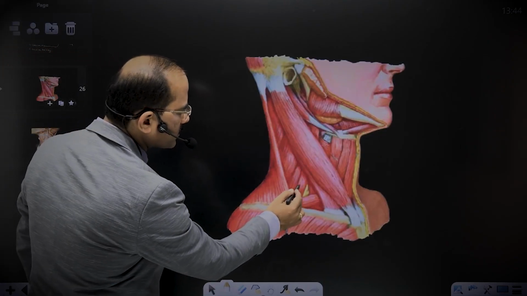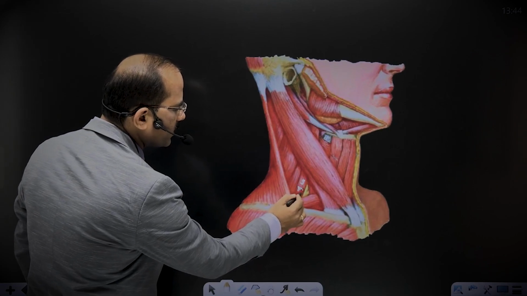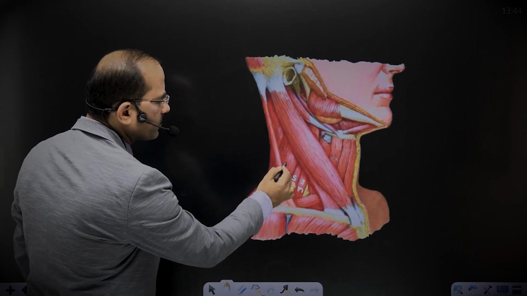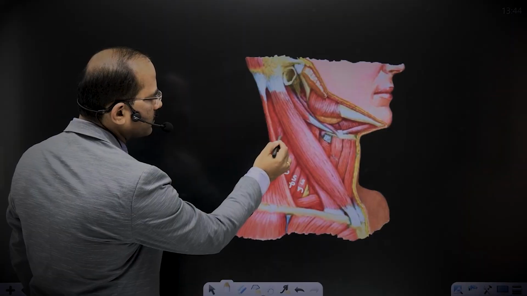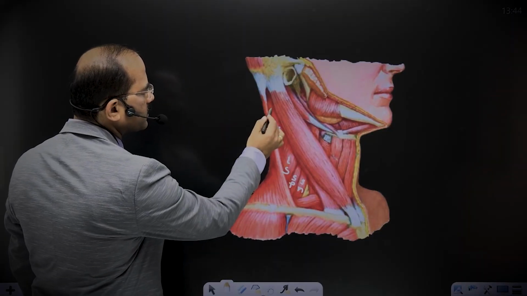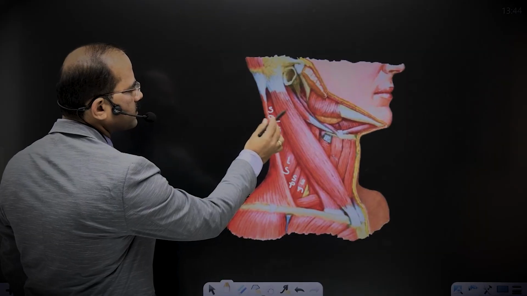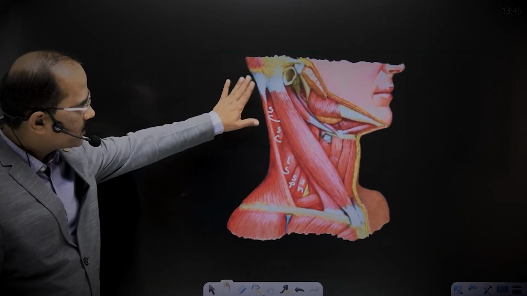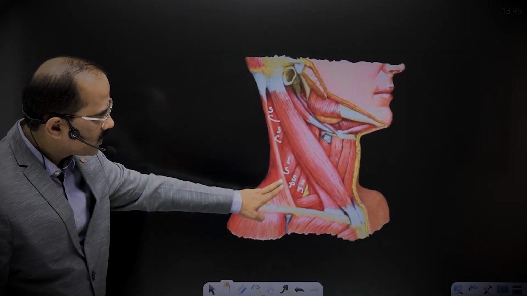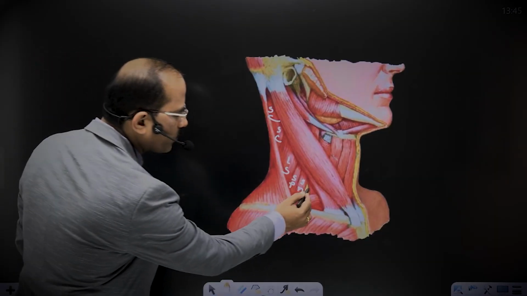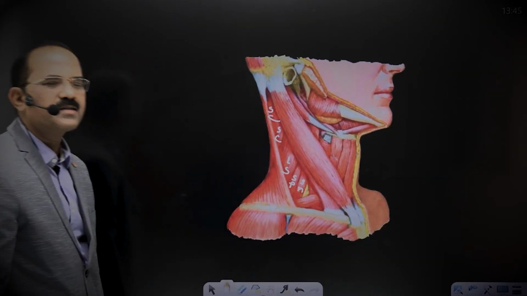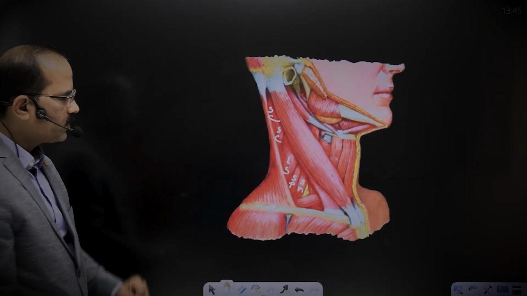This is the scalenus medius. That's the scalenus posterior. That's the levator scapulae. This is the semispinalis capitis, and splenius capitis. Semispinalis, splenius, levator scapulae, scalenus posterior, scalenus medius, and what's this small muscle? Scalenus anterior, which lies behind the sternocleidomastoid.